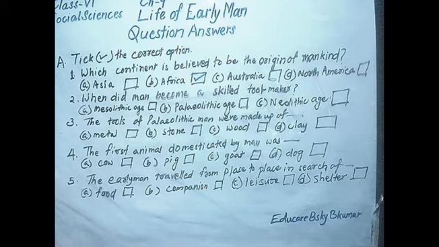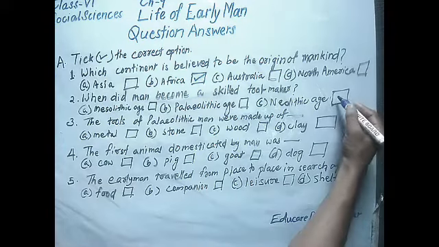The Neolithic man prepared new stone tools, which were harder and stronger than before. He became a skilled tool maker. Why is he known as a skilled tool maker? As he started polishing and grinding his tools and weapons. So the correct answer here is the Neolithic age, C.